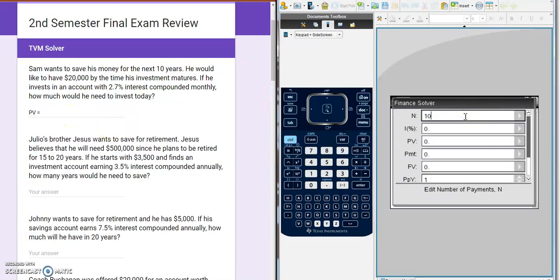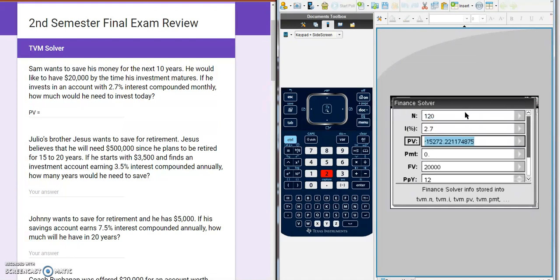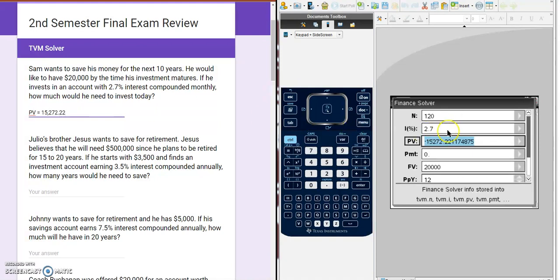In N, in our finance solver, we have 10 times compounded monthly, so 10 times 12. Interest is 2.7. Present value is unknown. Payment does not exist. 20,000 is the future value, and 12 is the payments per year or the compound periods per year. Go down to PV and hit enter. You get $15,272.22.